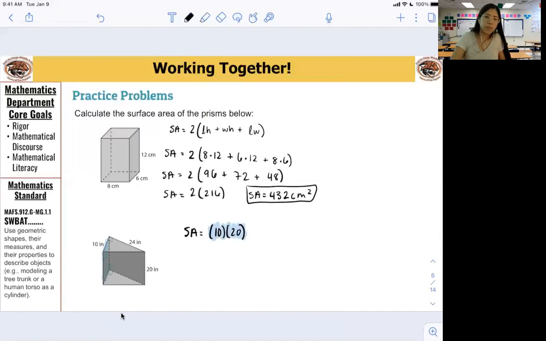Okay, what's another rectangle from here? So she just got this rectangle off to the left side. Give me another rectangle from this prism. Give me some numbers to put into my formula. 20 times 24, good.